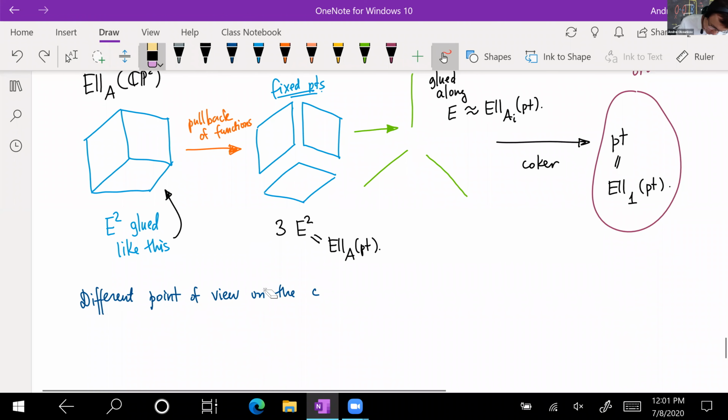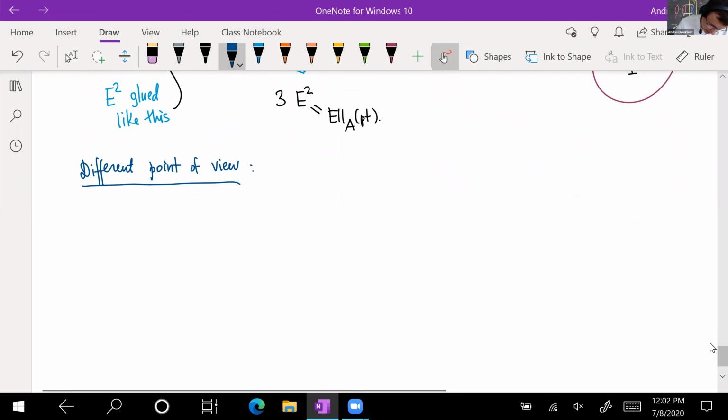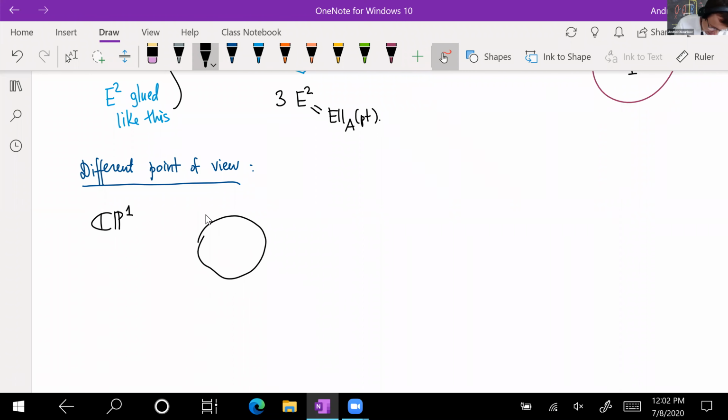When we glued CP1 out of cells, instead of gluing it like we did, we could have taken a disk, with its defining action, and taken the boundary of that disk.